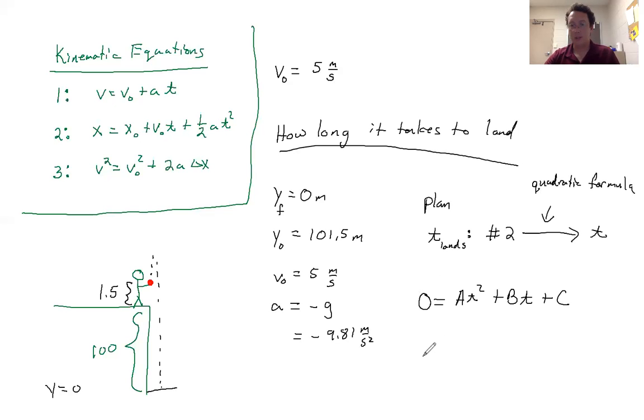And then the solution says that t equals negative b plus or minus the square root of b squared minus 4 times a times c, all divided by 2a. All right, so that's just a reminder of things that you know.